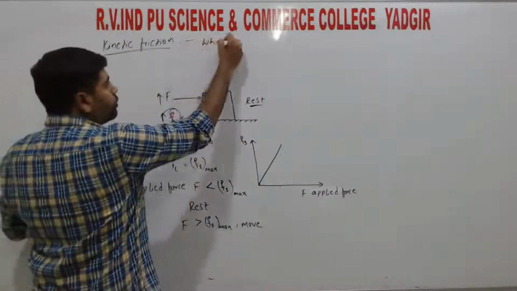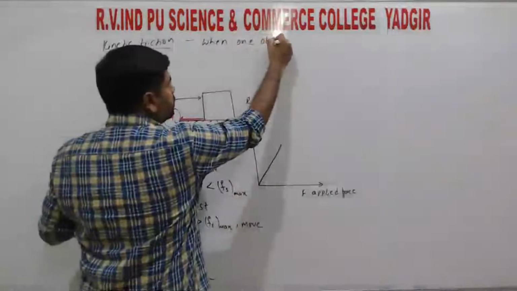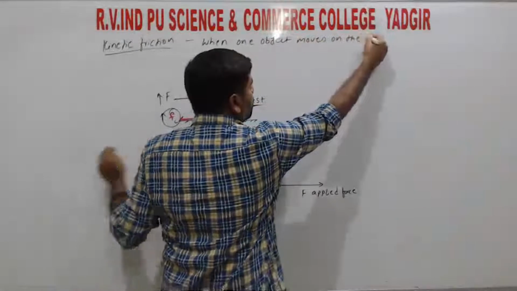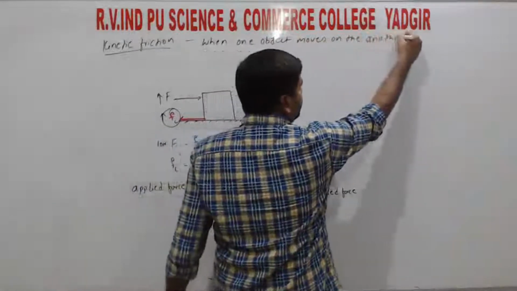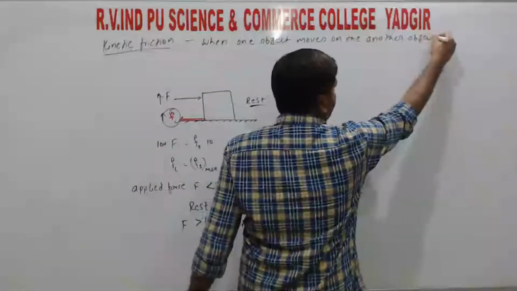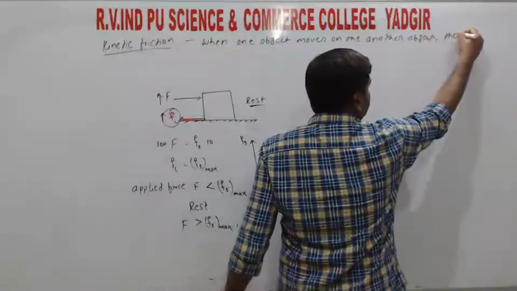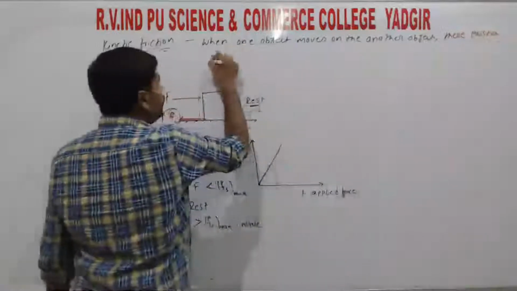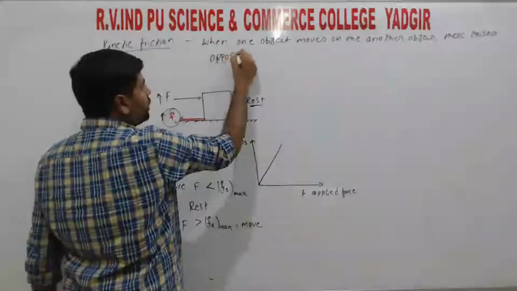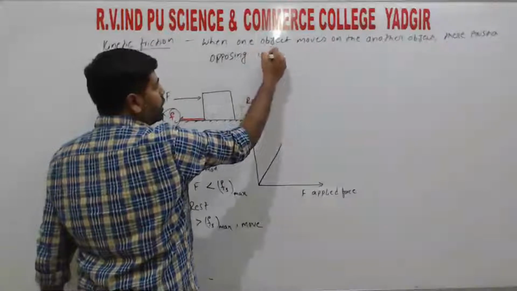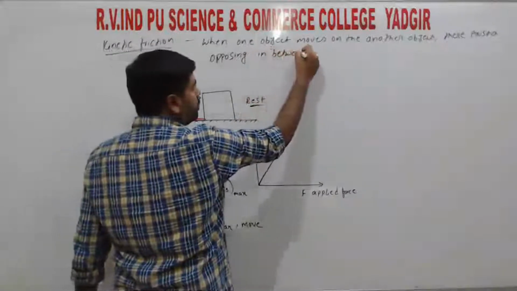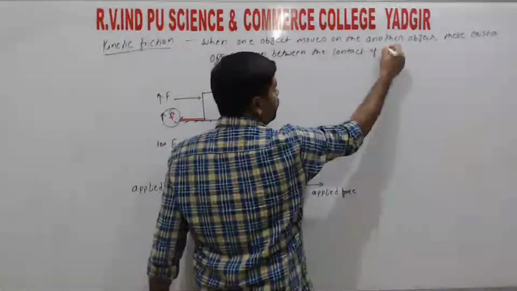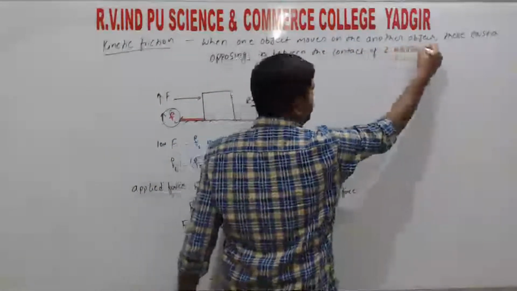What is kinetic friction? When one object moves on another object, there exists an opposing force in between the contact of the two objects, right?